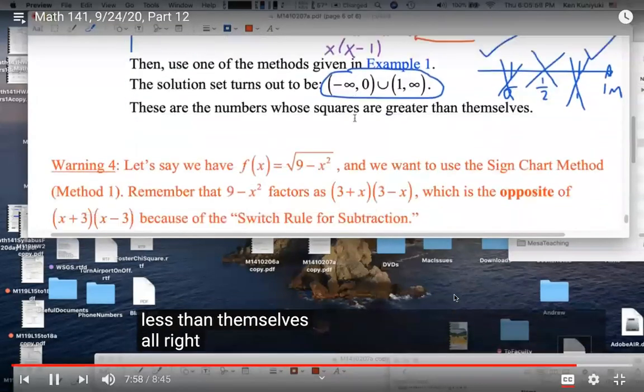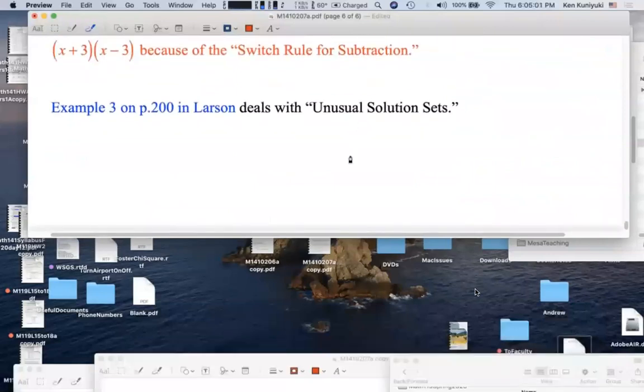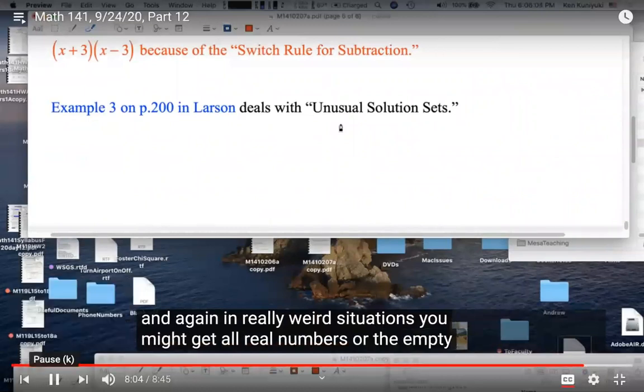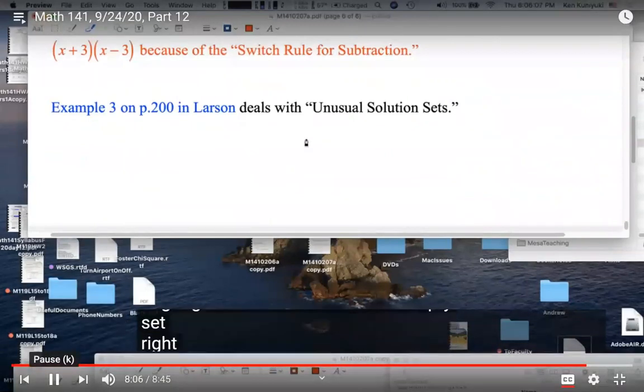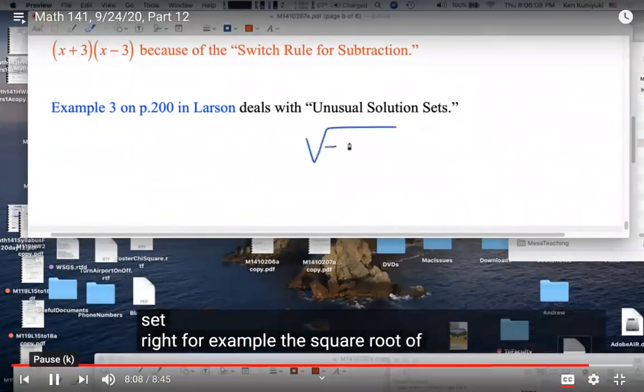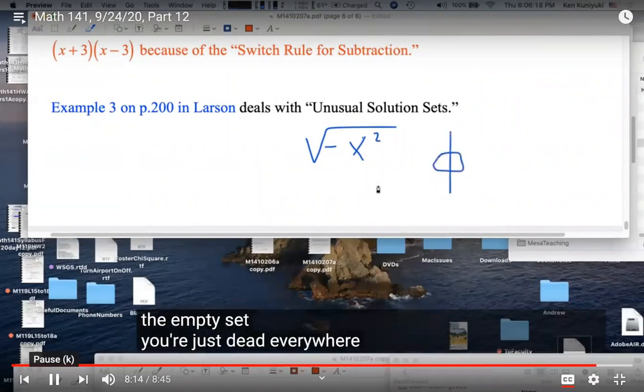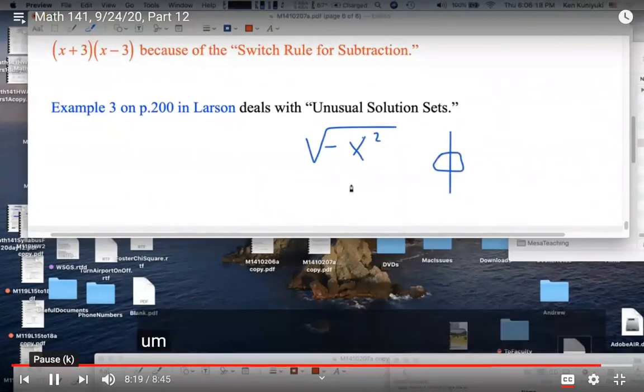All right. And again, in really weird situations, you might get all real numbers or the empty set. For example, the square root of the opposite of x squared. The domain for that is the empty set. You're just dead everywhere. Actually, not everywhere.